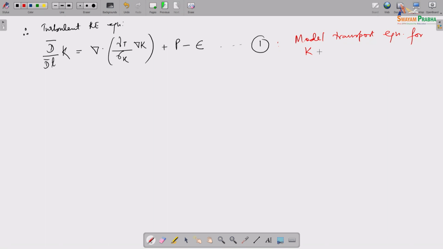I'll give you some values. I think it's best to sort of write down these values here itself, say something about these. Okay. Now, epsilon.